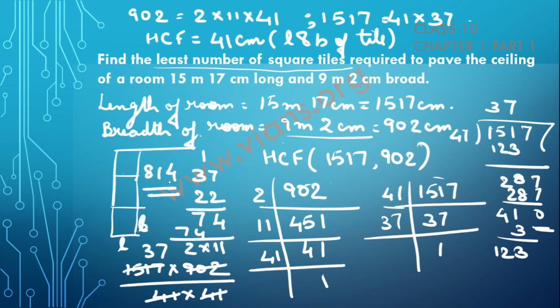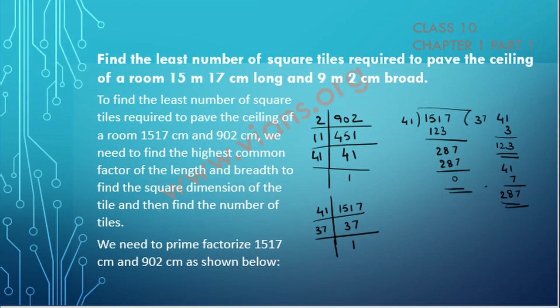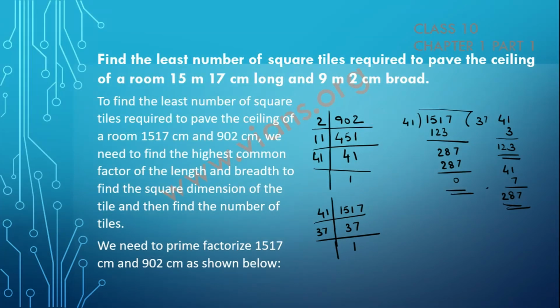So 814 is the least number of square tiles required to pave the ceiling of this particular room. All right, so that is the solution to this particular problem, and that's what we've written over here as well.